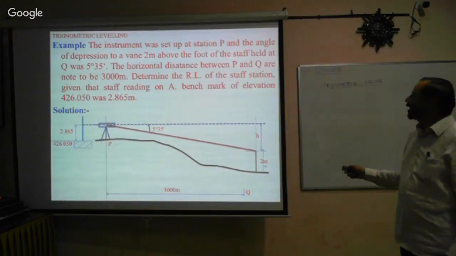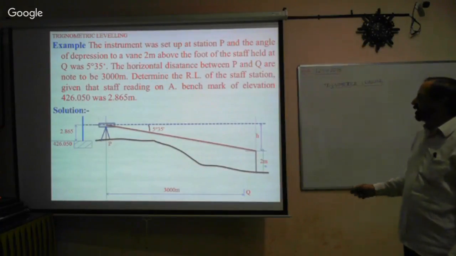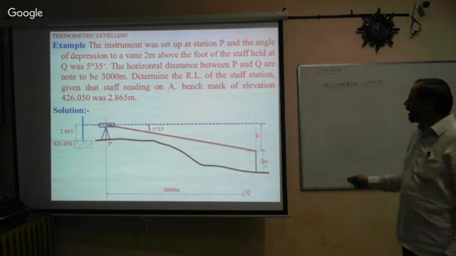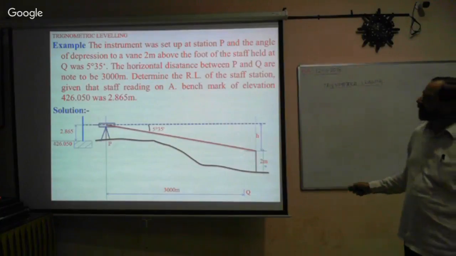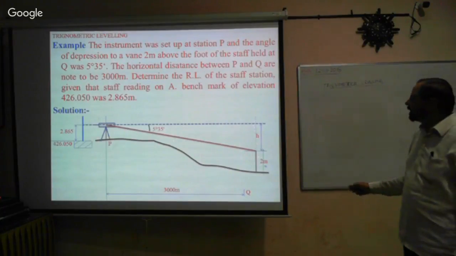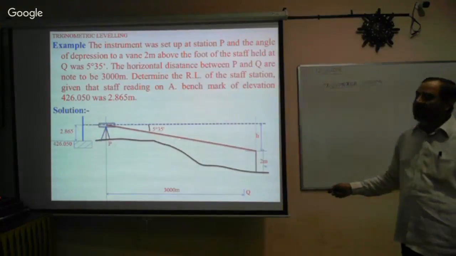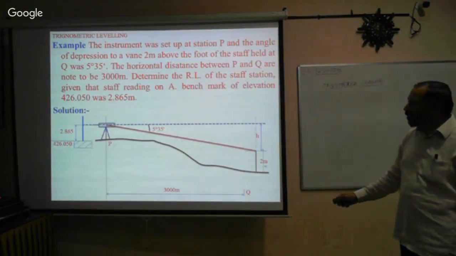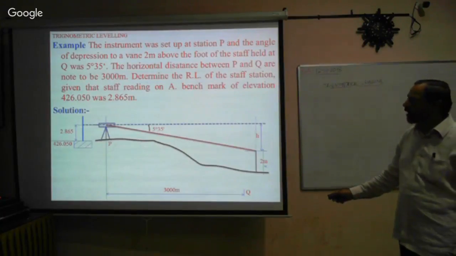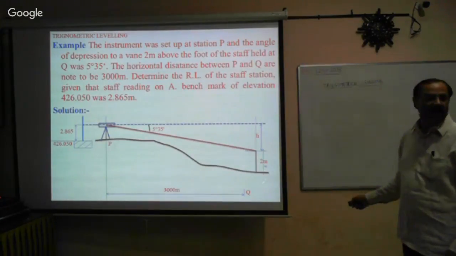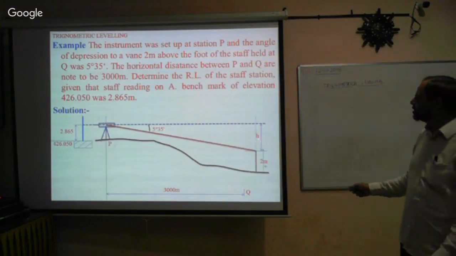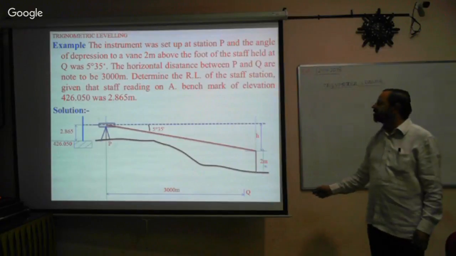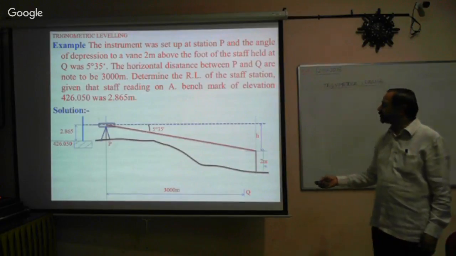Determine the RL of the staff station. It is also a simple method. First, let us calculate H. H is equal to d tan alpha. Simple problem. Then calculate the RL of this: benchmark plus top reading plus H plus 2 meter minus H minus 2 meter, and the RL of this point is, isn't it? Simple calculation.